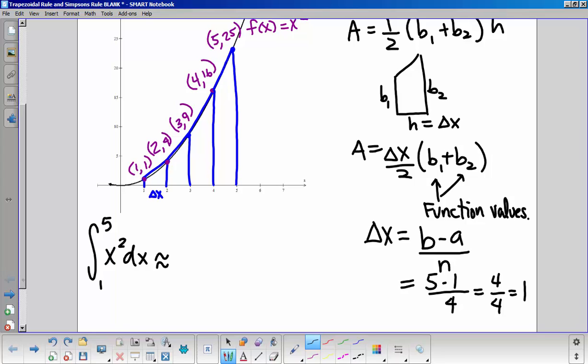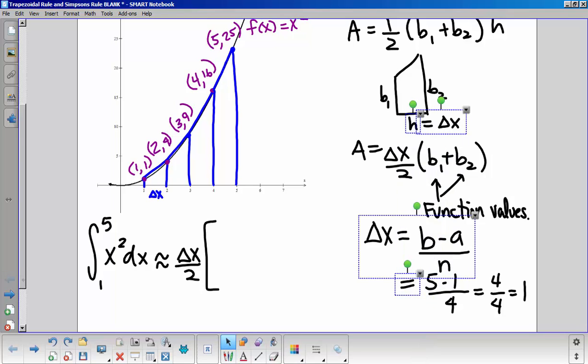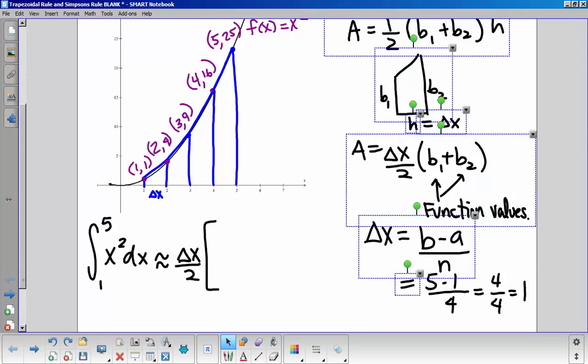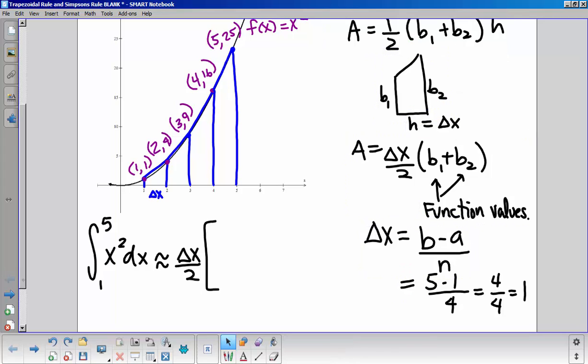Delta x for each one of these trapezoids, are they all the same? Yes. So we can factor that out in front. So it would be delta x over 2 times, I'm going to make this smaller. What's the first trapezoid's base 1 and base 2?